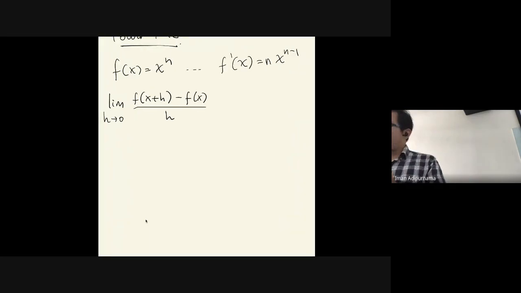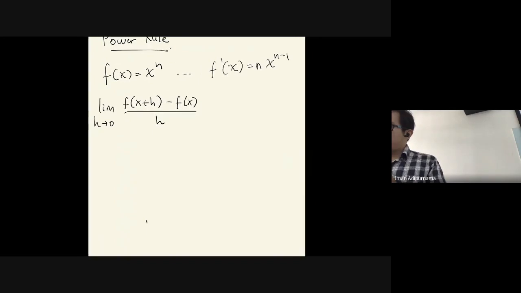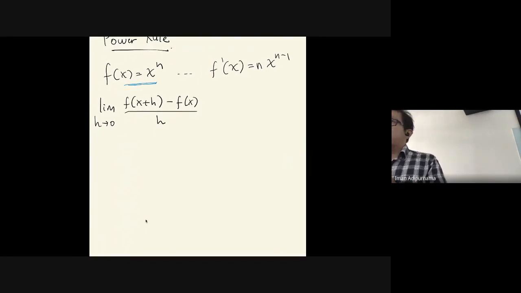Okay, from here, this is our function, x to the power of n. So we use this x to the power of n in our limit.